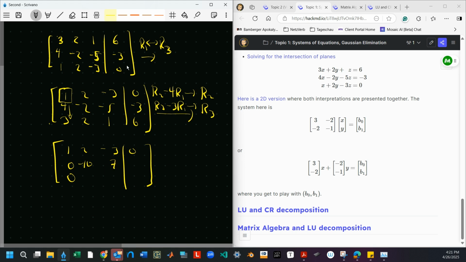And now 0, 0, so nothing happens there. And then here, I'm subtracting off 3 of these, so I have 2 minus 6, so that's minus 4, whoops. And then I have 1 plus 9, so that's 10. And then this is going to stay 6.